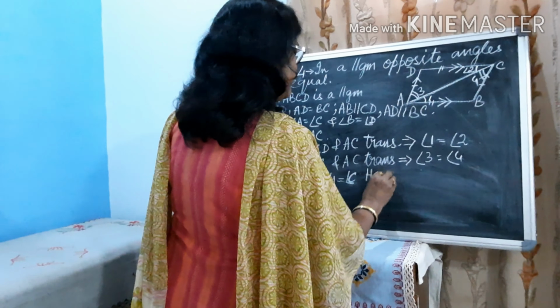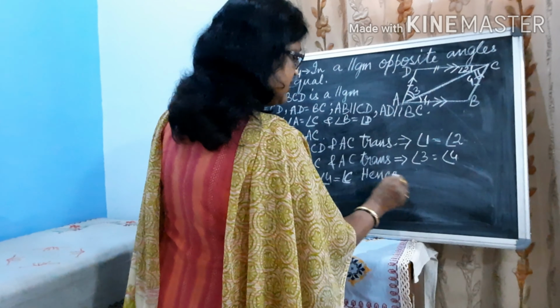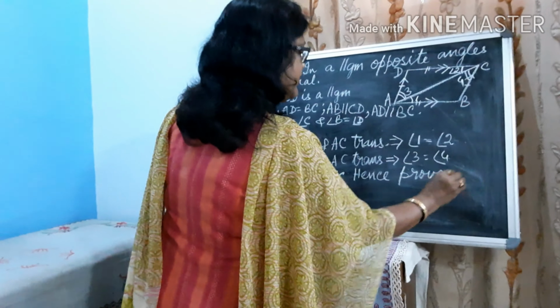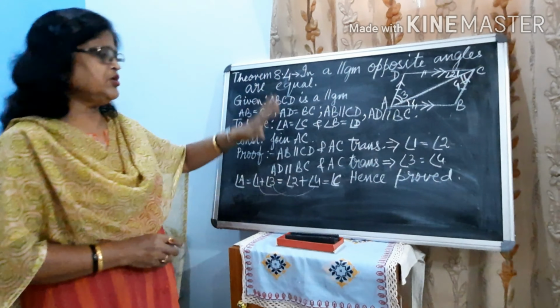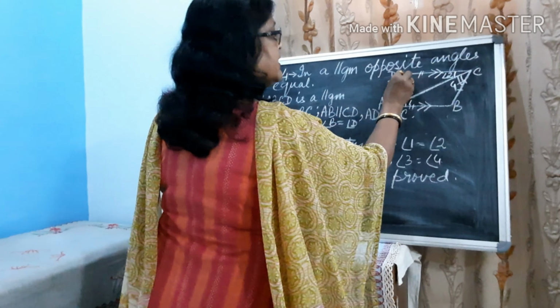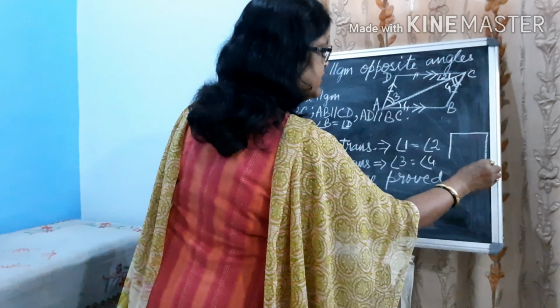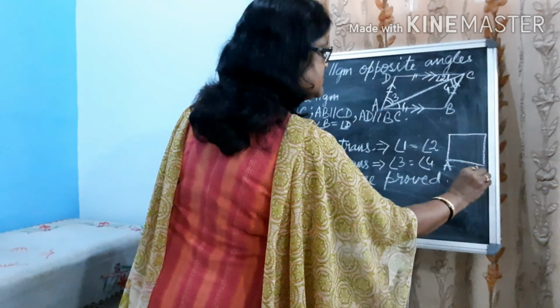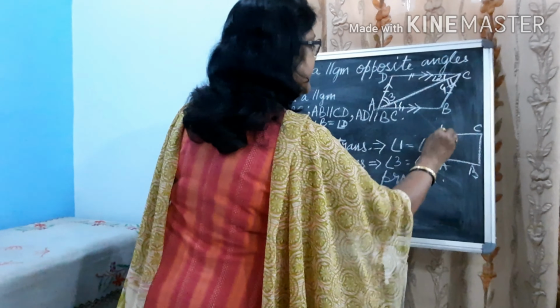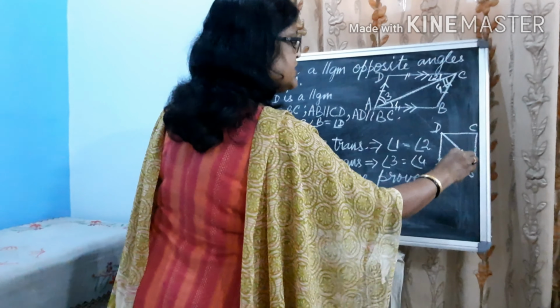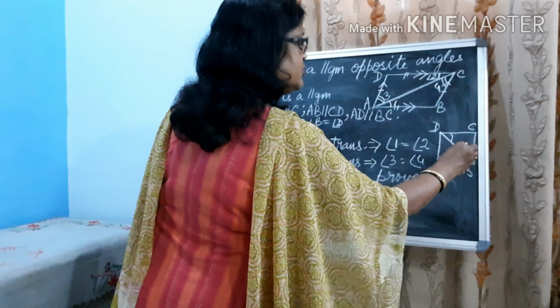Hence, proved. Now, as I already mentioned to you, we have to prove it in two steps. We need not draw the next figure once again here. Draw one more figure, name it ABCD, and join BD, and then we will prove this equal to this equal to this.